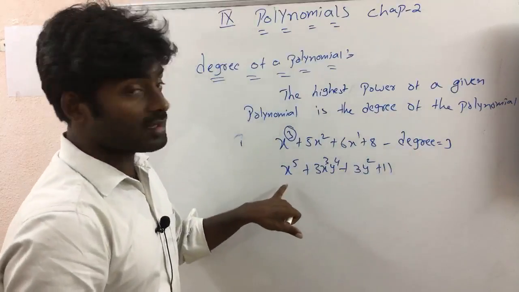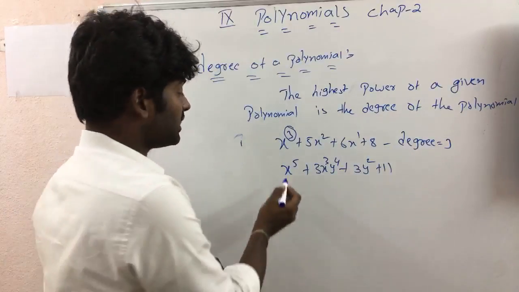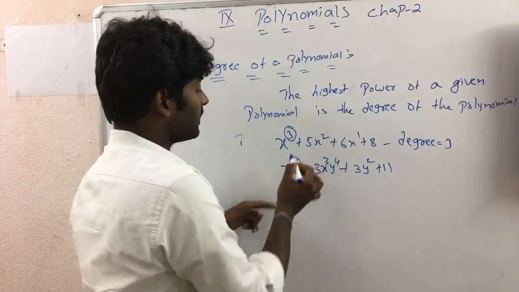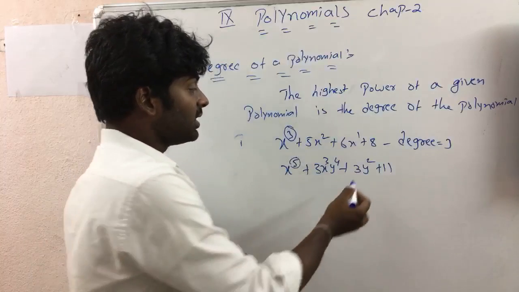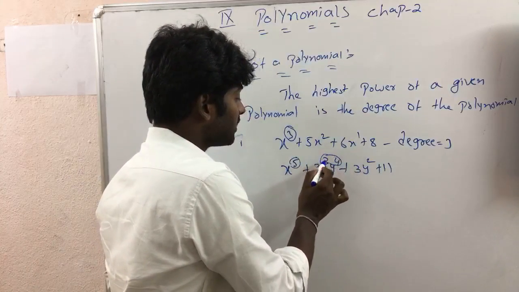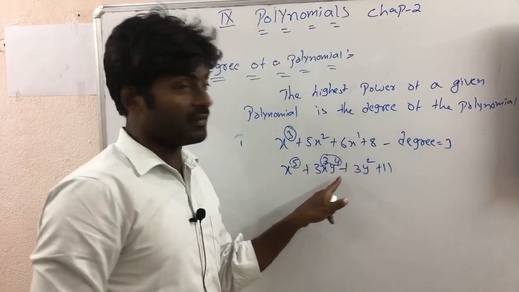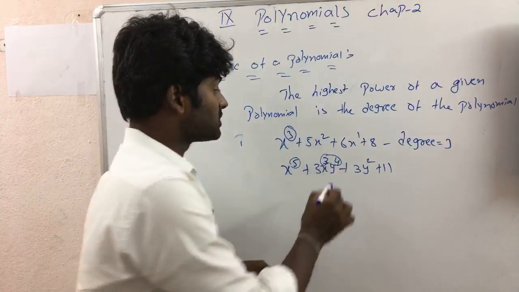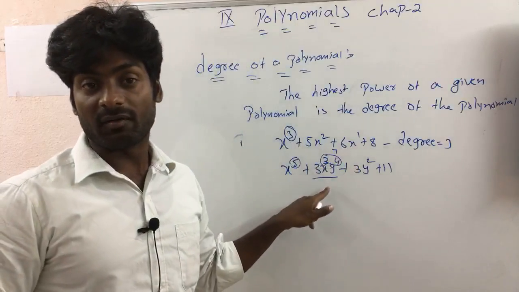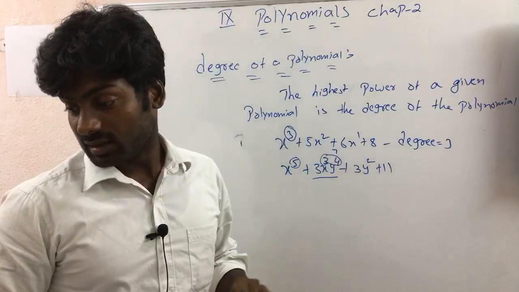While writing the power of the term, see here we have only one variable, x power 5. So the power here is 5. Here we have to add the individual powers of different variables. So 3 plus 4 is 7. The power of this term is 7.